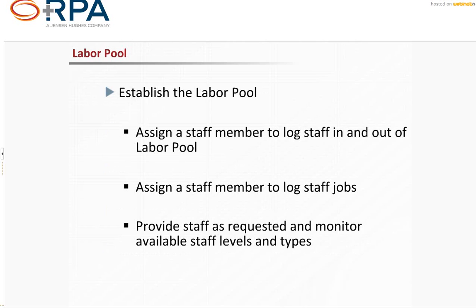In the labor pool, again as part of the tracking, it should not just be tracking of residents and patients. We also have to make sure that we're tracking staff and volunteers that are working in the building at that point in time.